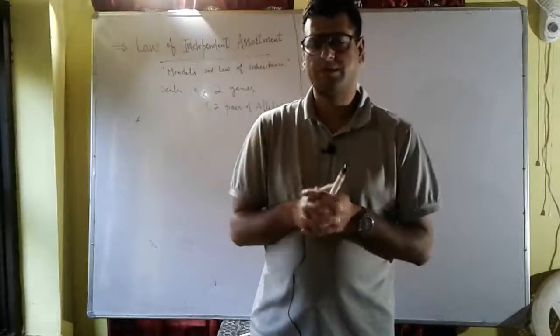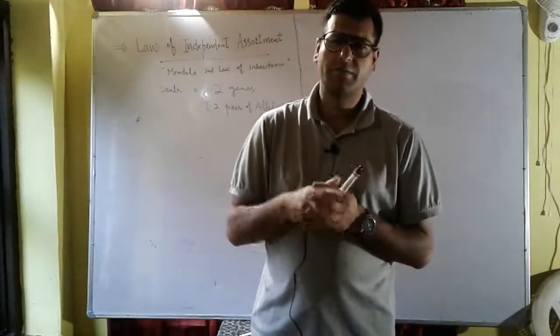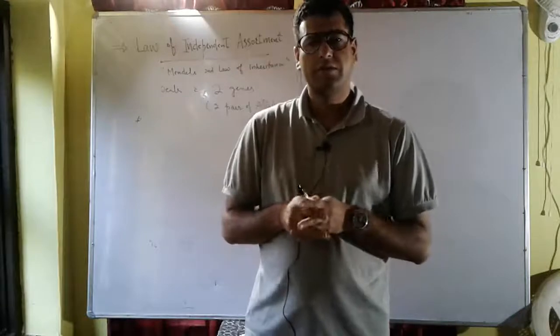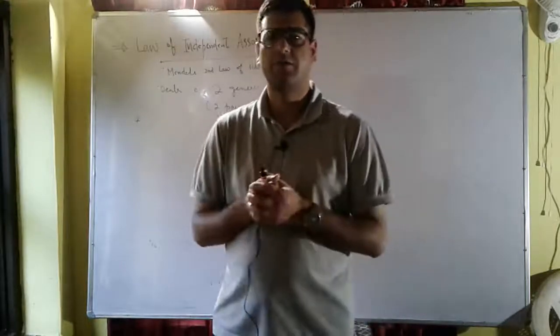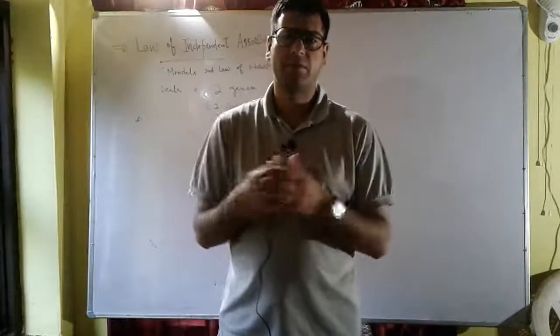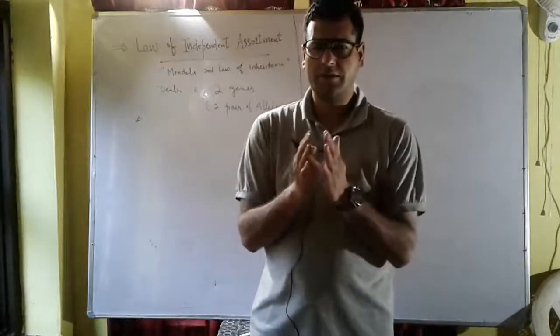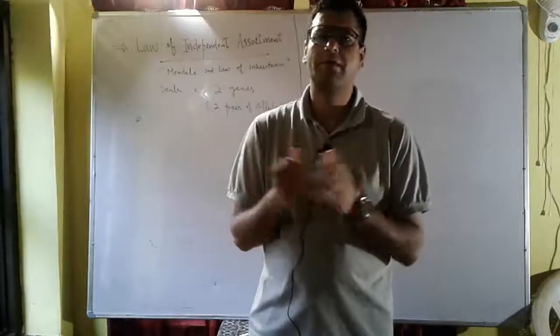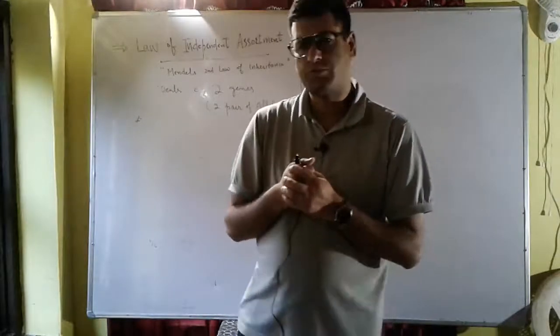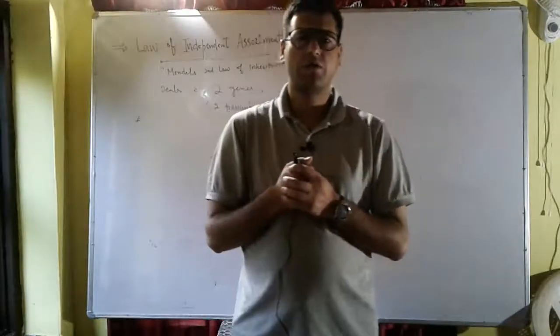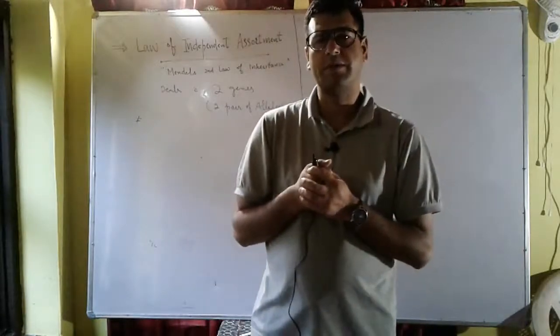These are two characters transmitted from parents to offspring. They will assort independently of each other. They are not tied together, but they segregate independently and get transmitted from parents to offspring. This is what is called the law of independent assortment.